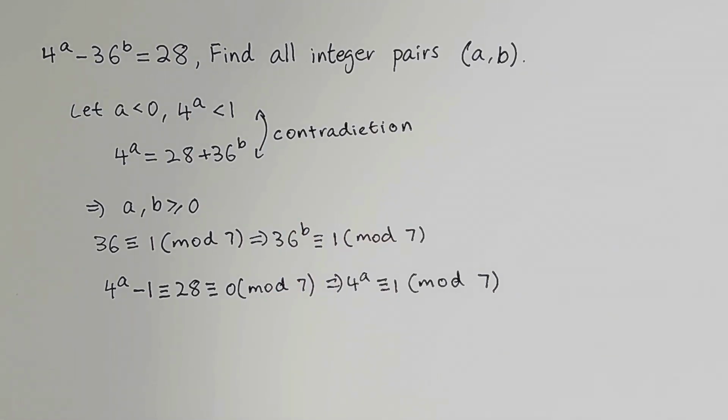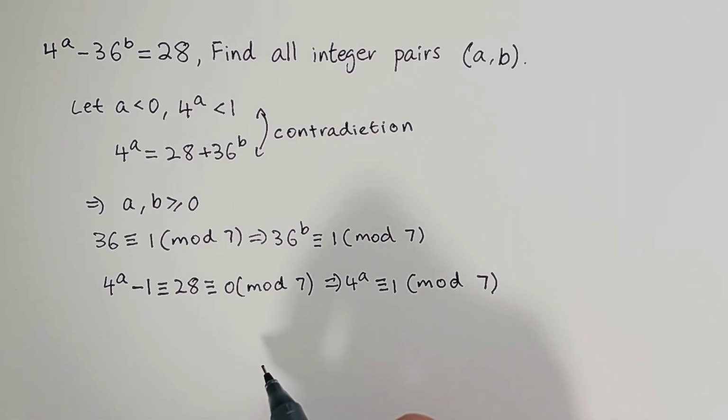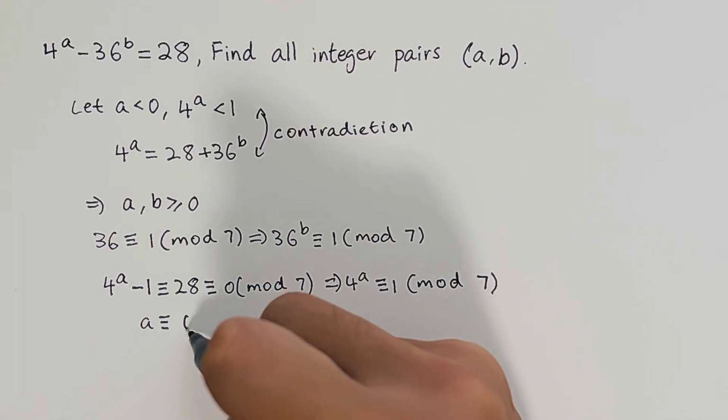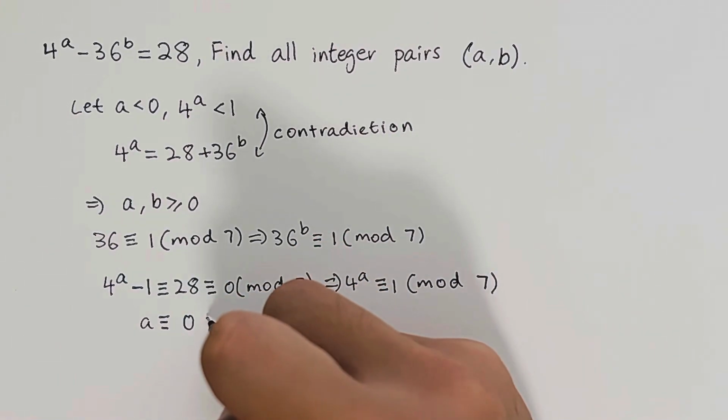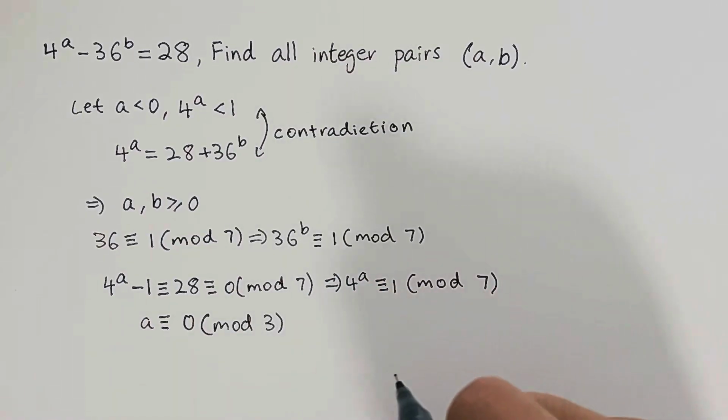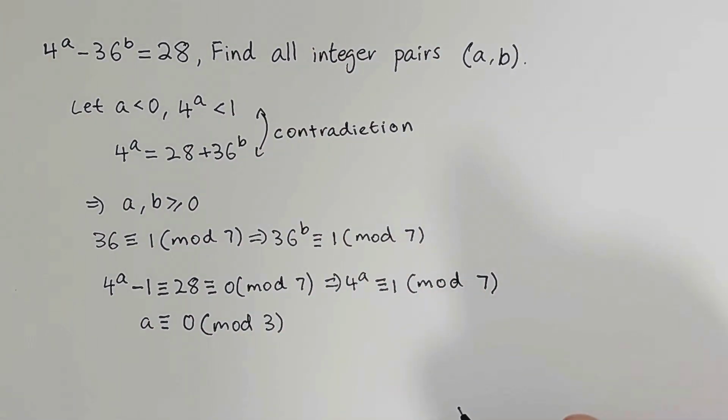And no smaller positive exponent yields 1 than 4 cubed. Hence, a must be congruent to 0 mod 3. This will narrow the candidates down to a being a multiple of 3: 3, 6, 9, and so on. But more structure is needed to handle b.